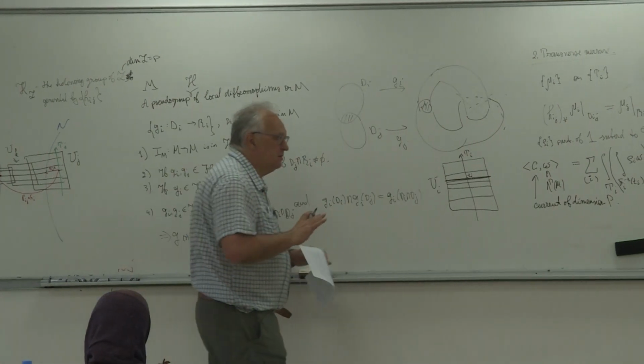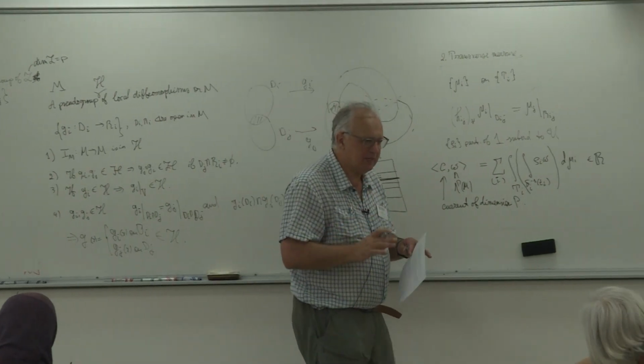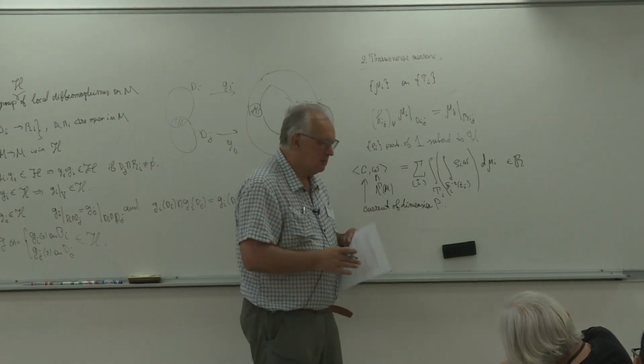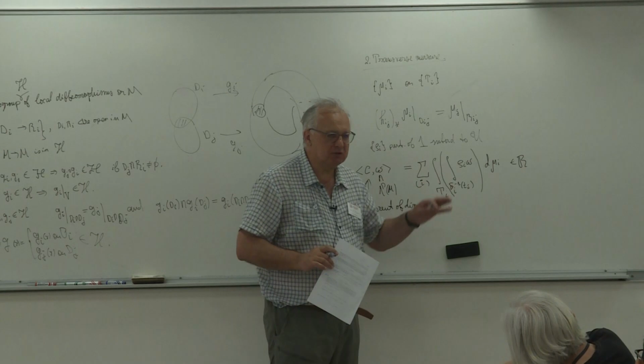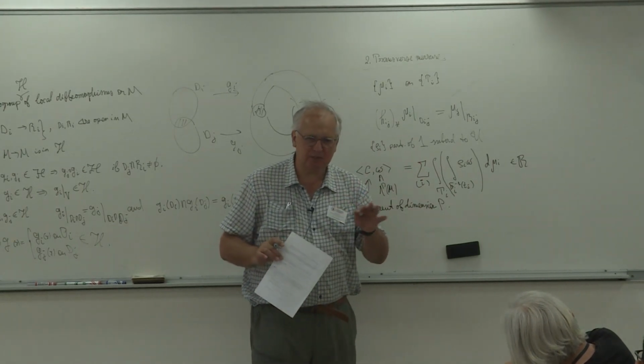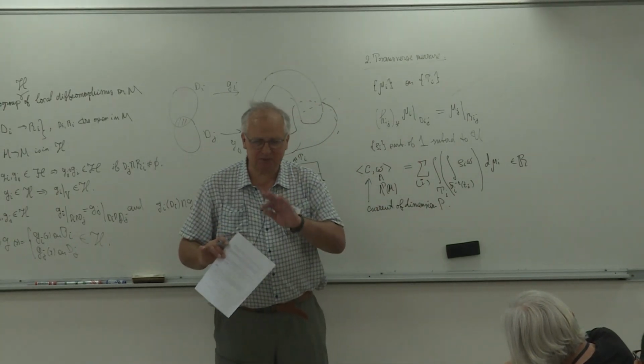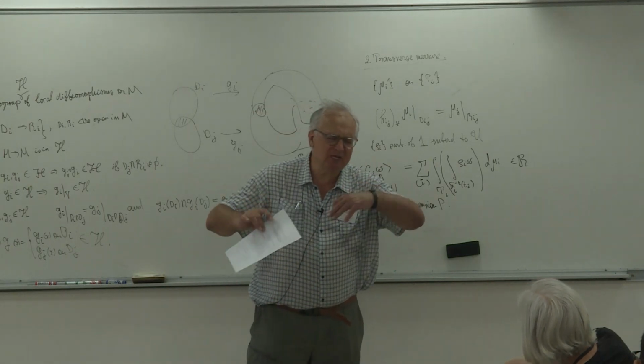More or less, every current of dimension P is, in some sense, the integration of forms along p-dimensional submanifolds. Well, it's not exactly true what I said, but somehow it's a limit of such things.